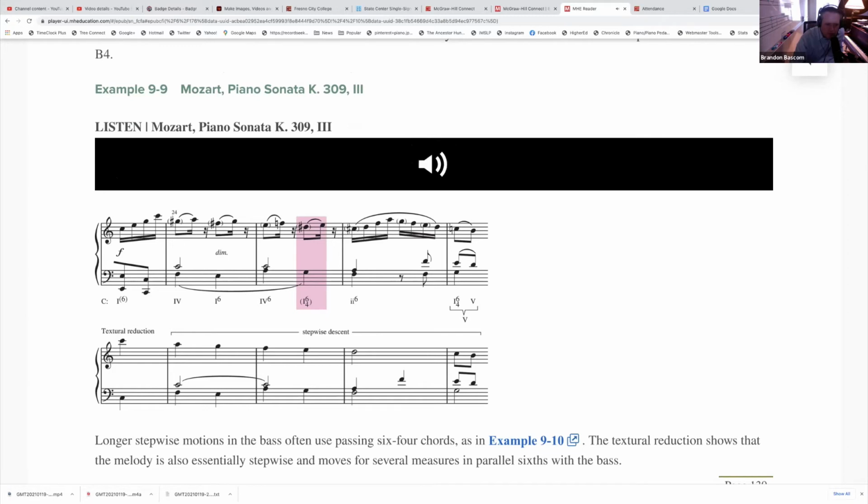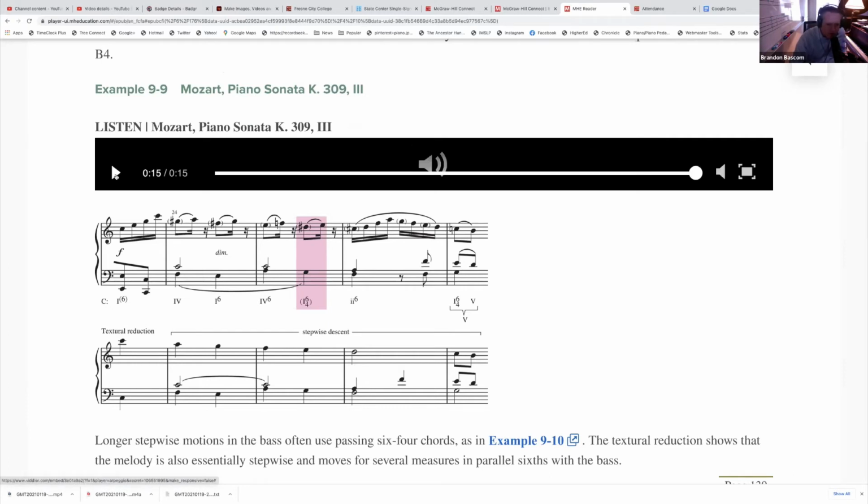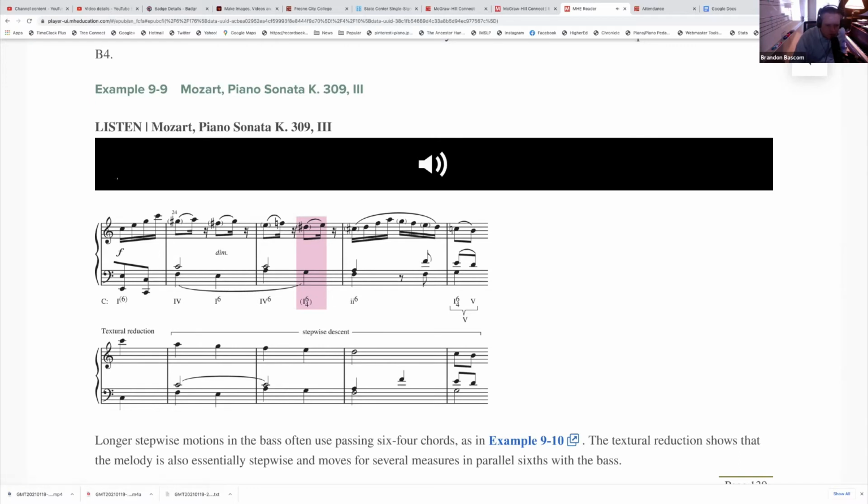Example 9-9. Did you hear them? I heard the cadential. The cadential's pretty obvious.